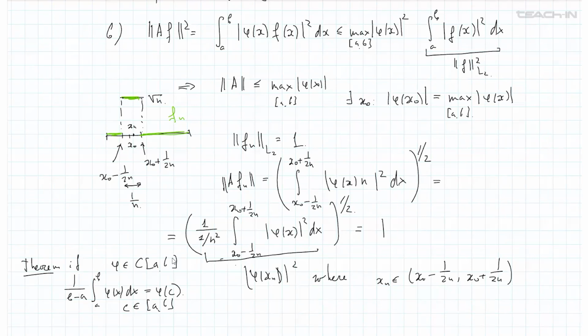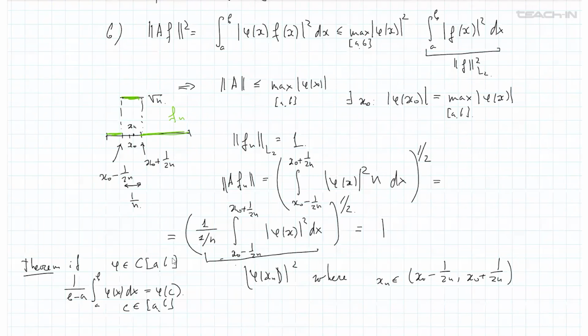Oh, sorry, yes, I understand your question. I specially take the square root of n, to divide by the length of this interval. Is it correct now?